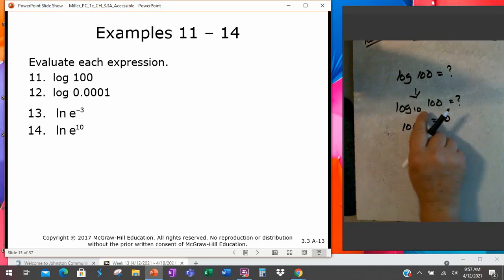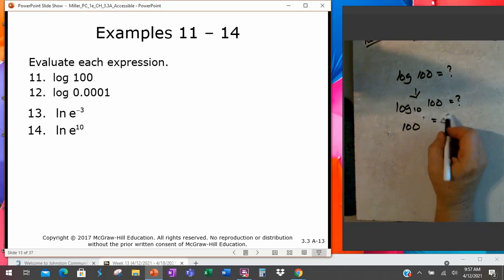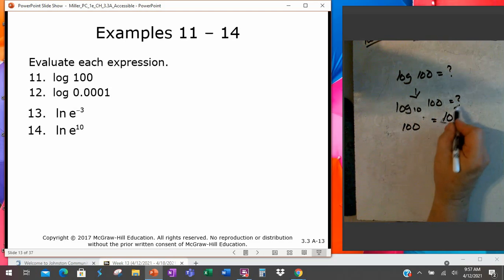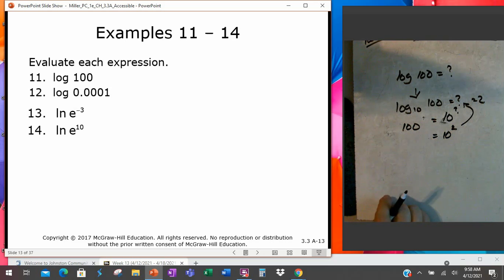I want to represent 100 as a power of 10. What is that number? 10 times 10. 10 squared is 100. So this should be a 2, which means that is 2.